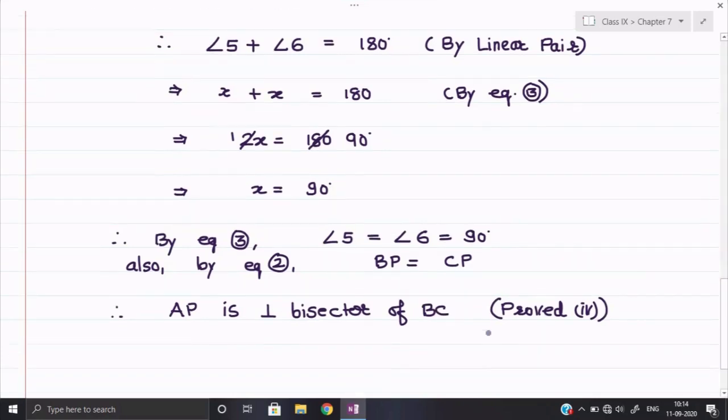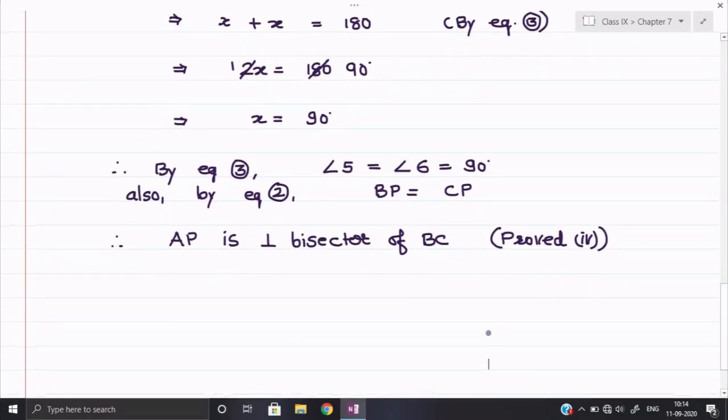So for that I am taking here two triangles. Okay, let me note down the triangles first. In triangle BPD and triangle CPD. Okay, these two triangles I am taking it. Let me draw the two triangles.